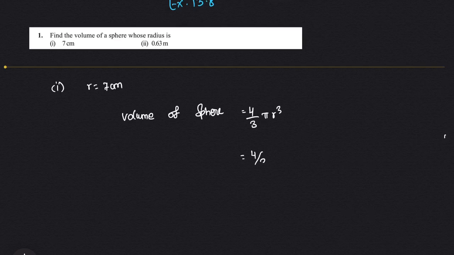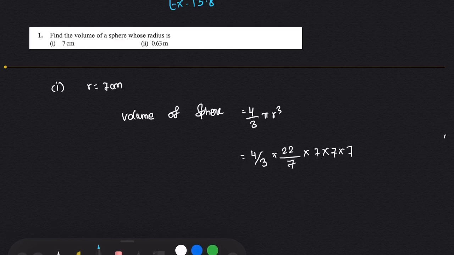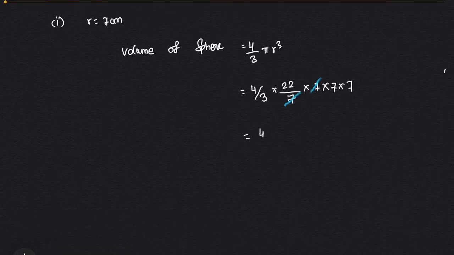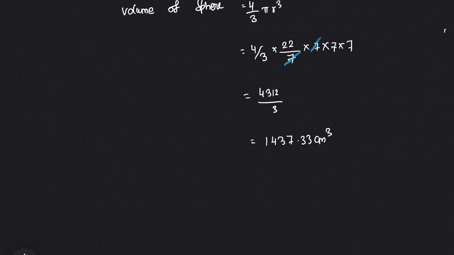So just replacing r value, then pi is 22/7, then r cube, so 7 times 7 times 7. Then just cancelling these two. So the final value is 4312 divided by 3. After cancelling, 1437.33 centimeter cube. So this is the volume.